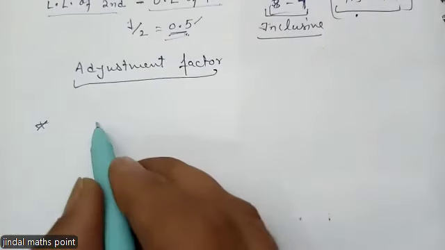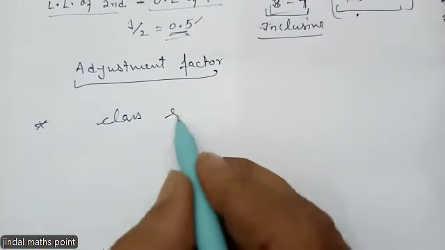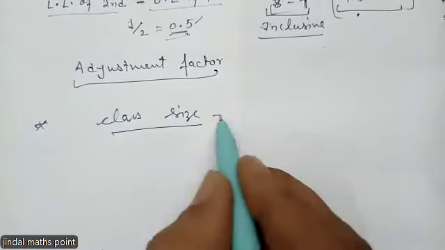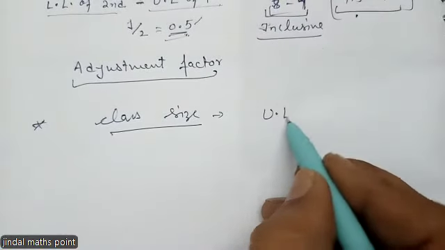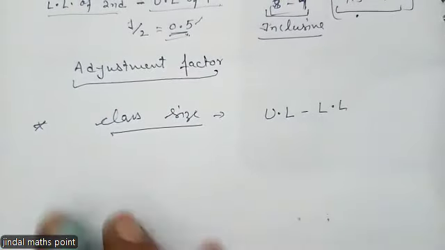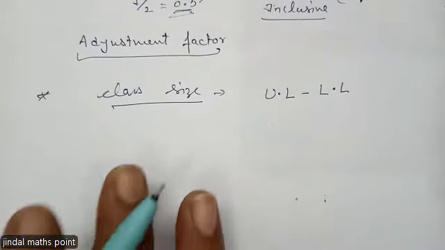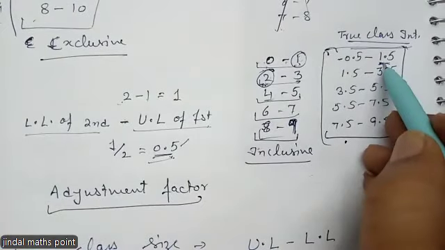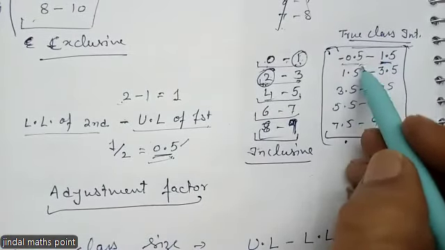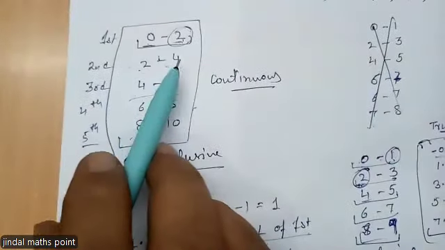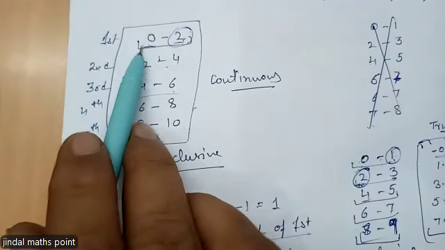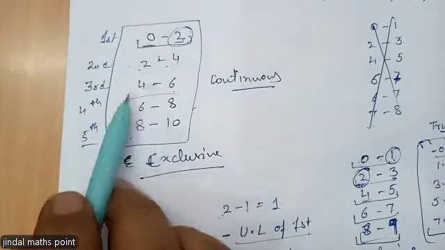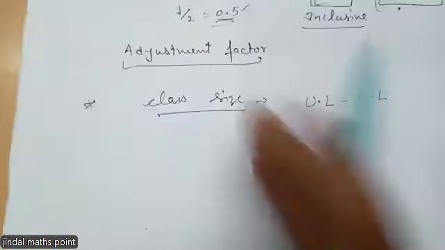Next topic is class size. Upper limit minus lower limit. Upper limit 1.5, lower limit 0.5. Or we can take the upper limit 2 minus 0, 4 minus 2, 6 minus 4, 8 minus 6.